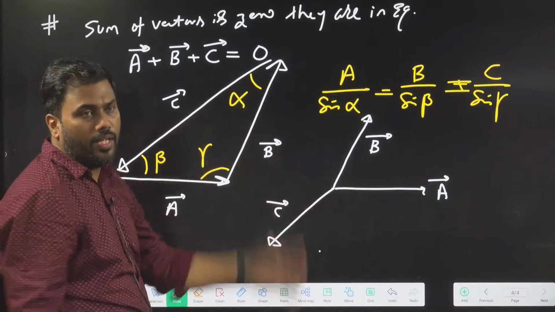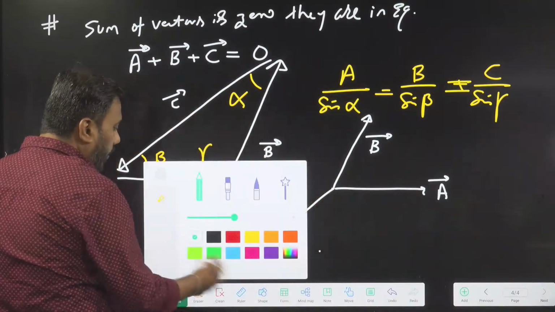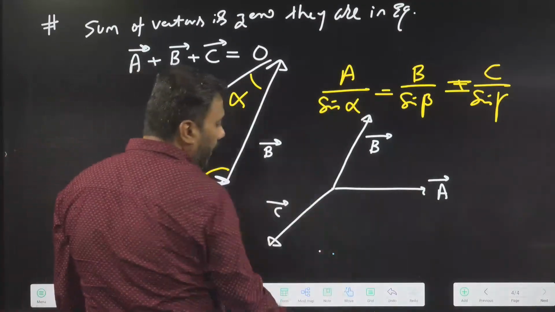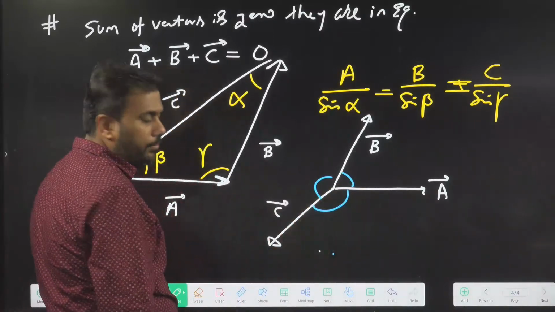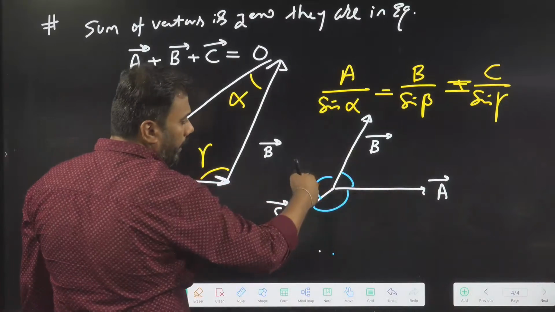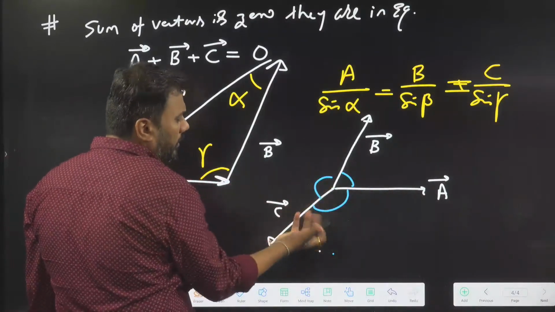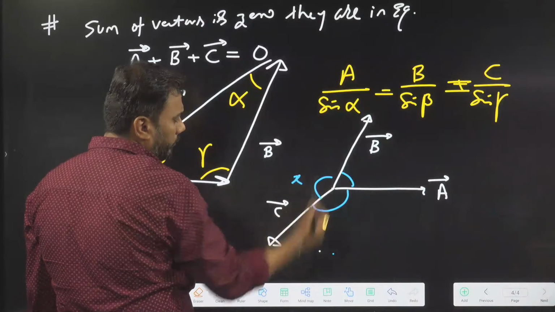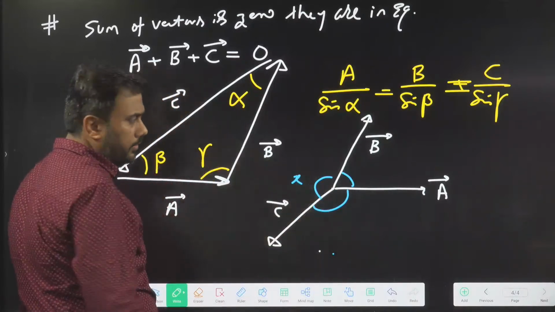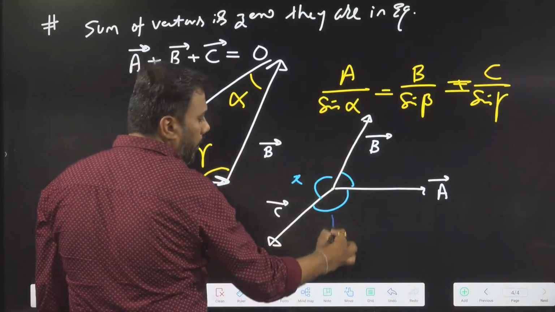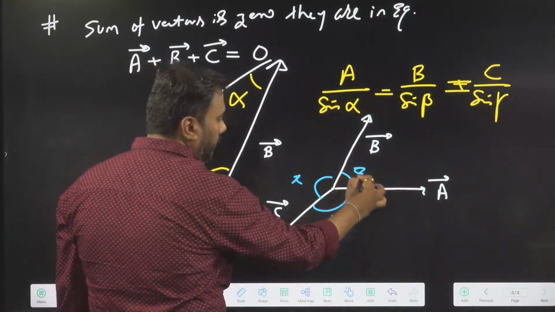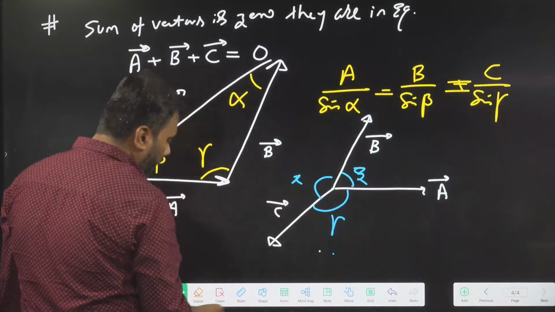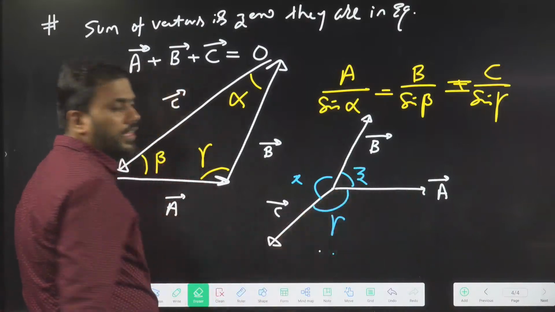In this particular diagram, I am showing angles like this. Opposite to A, let's call this angle X. Opposite to vector B, I am calling this Y. Opposite to vector C, I am calling this Z. X, Y, Z are now the angles.